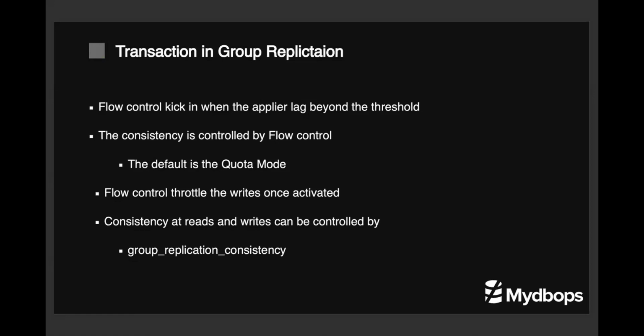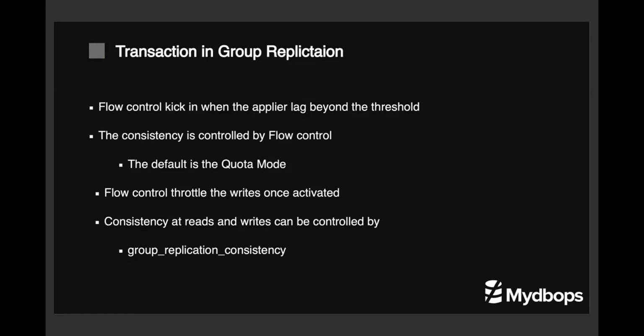Of course, the other question comes in. So when you read or write from other nodes, will I receive stale data? So how to control the consistency? The consistency can be controlled. There is a variable called group_replication_consistency.